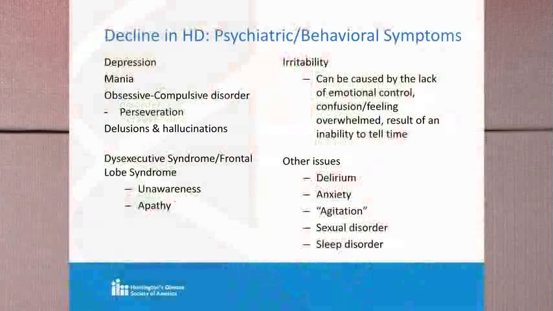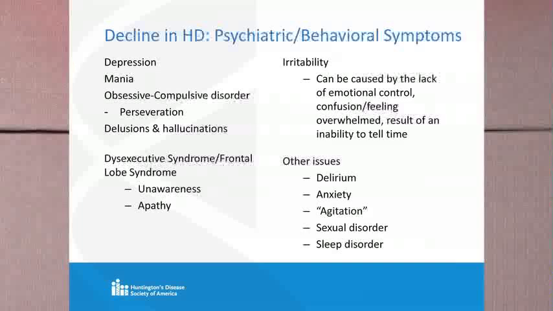In terms of documenting the psychiatric and behavioral aspects, depression is very common in Huntington's disease patients, up to 50%. Mania, and this isn't necessarily the typical bipolar disease type mania, it can be extreme agitation. The obsessive compulsive disorder and the perseveration, the repetition of various aspects or requests, delusions, and even hallucinations.